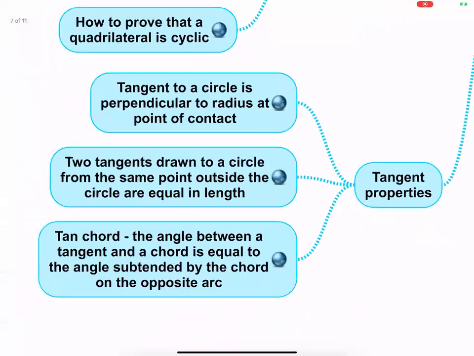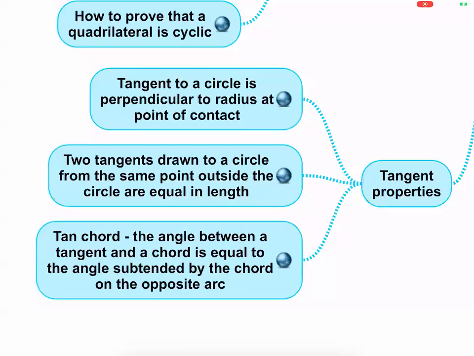Perpendicular to the center. You can just read it for me. The tan chord theorem, and then 2 tangents drawn to a circle from the same point are equal. Yeah.